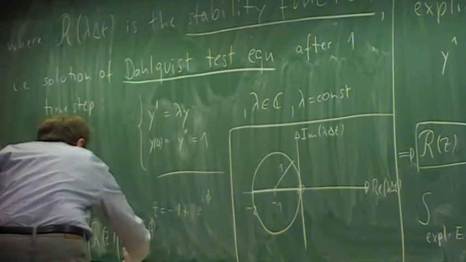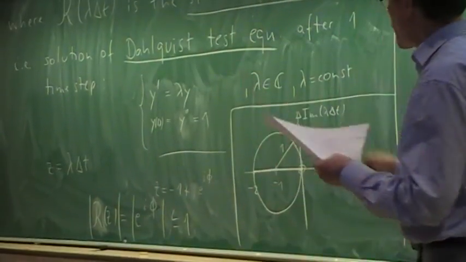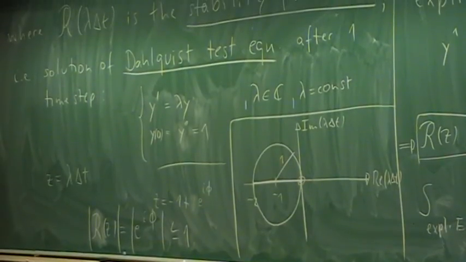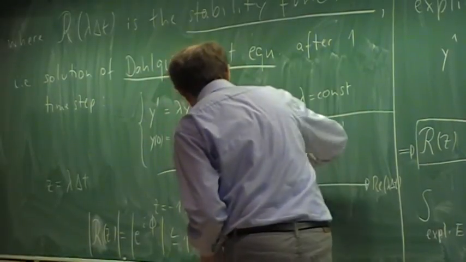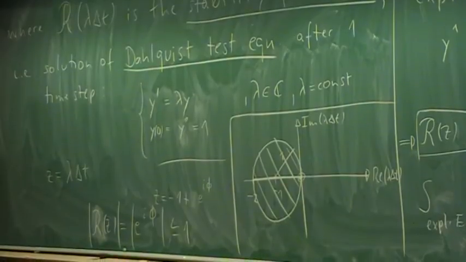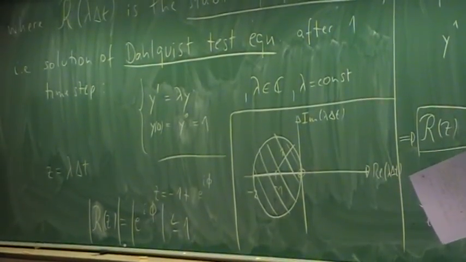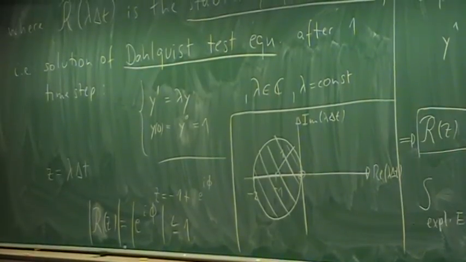And that says it is smaller equal than 1, and that is true. That is cosine squared plus sine squared, which is 1. So, in our case, we find out that everything that lies in this circle around -1 with radius 1 fulfills this condition, that the absolute value of the stability function is smaller equal 1.